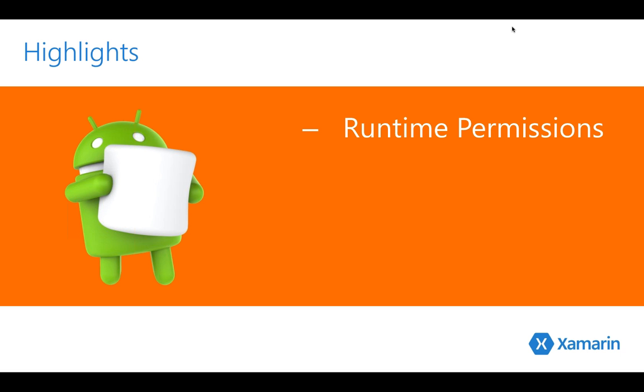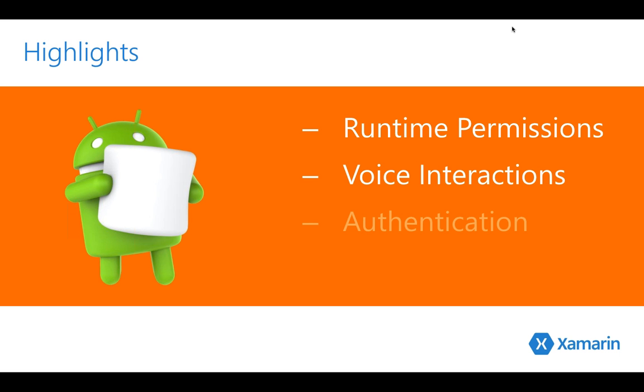But the ones that we're going to cover specifically are runtime permissions, which to me personally as an Android developer is one of the largest changes to the Android operating system since it was launched when it comes to development. Voice interactions.